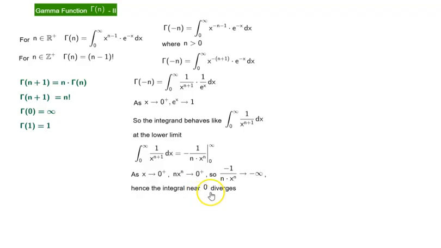Hence the integral near 0 diverges. Which means gamma of minus n is undefined for n in the set of positive integers. So that is one additional piece of information that we have gleaned.